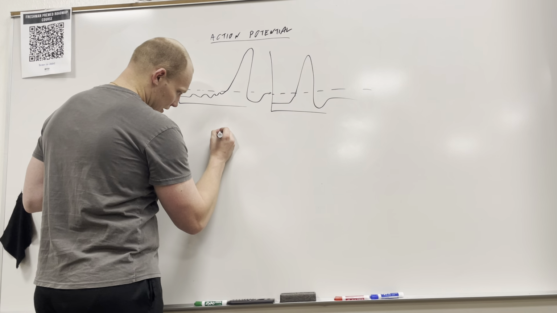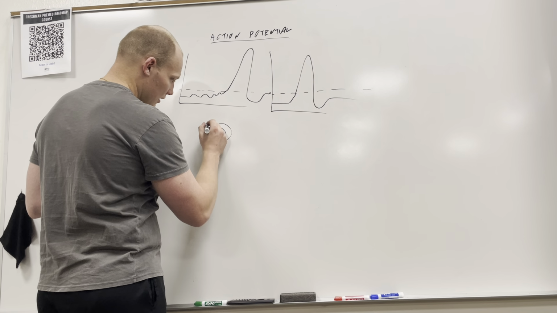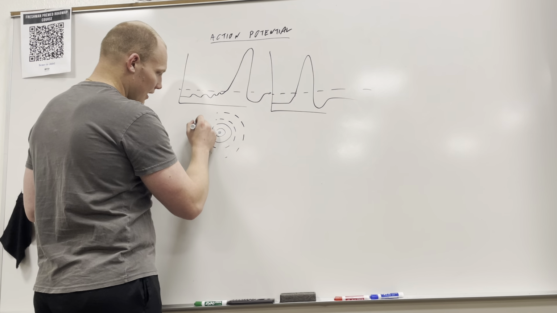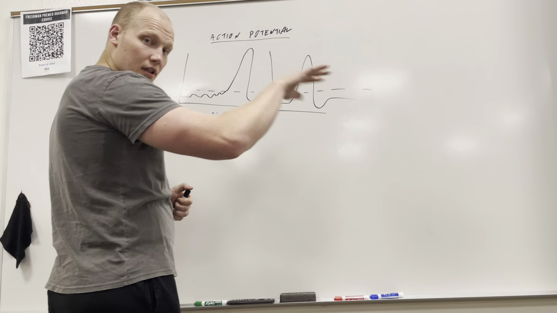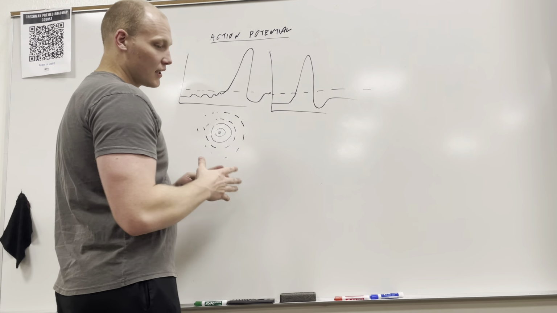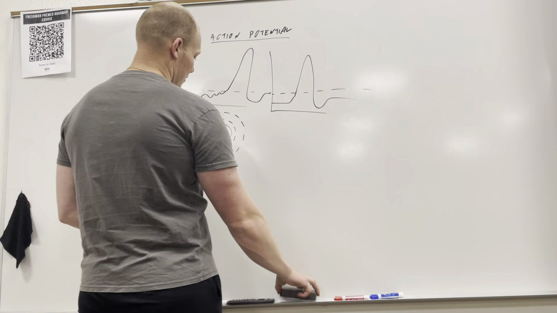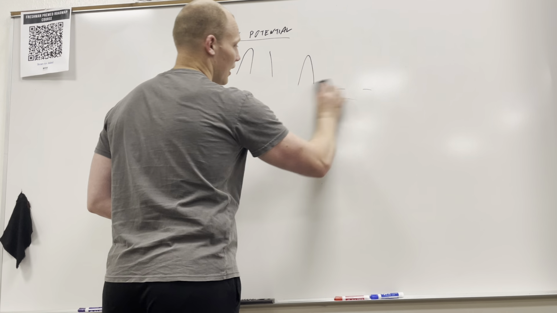You have that, and then it goes out, and it goes out, and it goes out. And the farther out you get, the weaker it is. But you can add more waves. That's a graded potential. You can send it out and it'll get weaker as it goes, but they are still potentials. You are depolarizing that membrane ever so slightly.